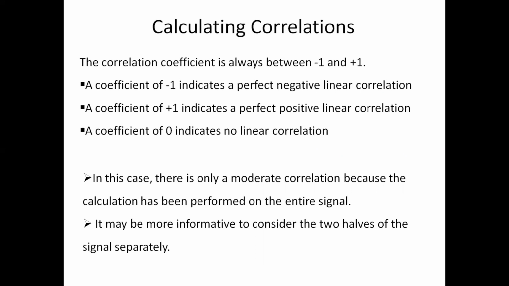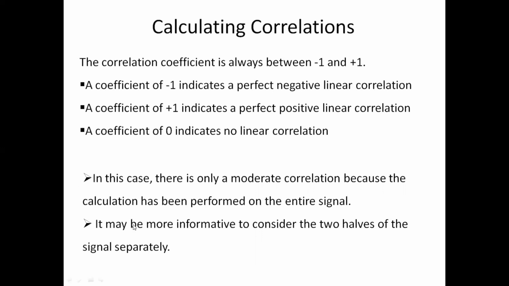A value of 0 indicates that there is no correlation between the two variables. Any value between 0 and 1, or 0 and -1, indicates the level of correlation between the two variables. In the previous case, we got a correlation of 0.6 something, so it is a moderate correlation between the two variables.